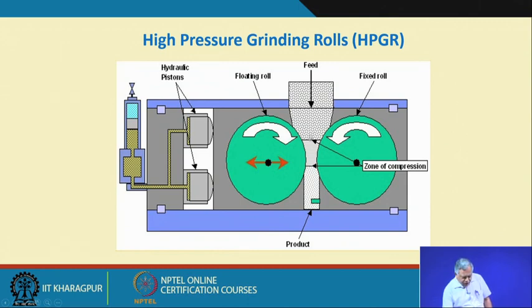The material is trying to pass through that, but with this floating roll, suppose I want to break a material from 500 millimeter to 10 millimeter, and I know how much crushing force is required.